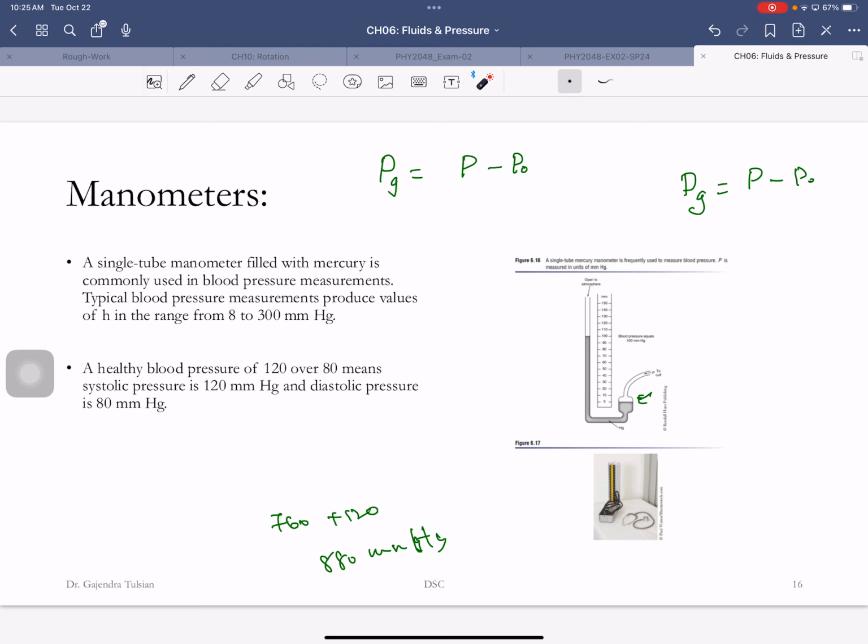If you had that low a pressure, you'd probably faint, right? Or die. A healthy blood pressure is 120 over 80, which means systolic pressure is 120 millimeters of mercury, and diastolic pressure is 80 millimeters of mercury.